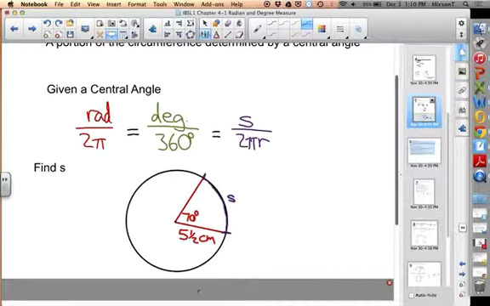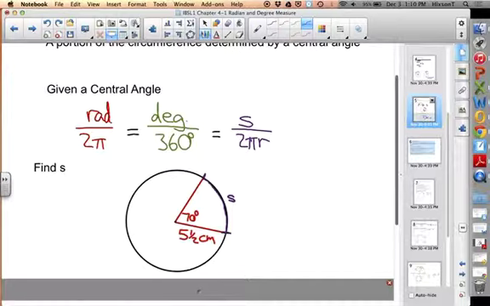I don't want you to just memorize this formula, although you do need to memorize the formula. I want you to understand it, because if you understand it, it's really not a hard formula to remember. What this is saying is that if we find what ratio our central angle is of the complete circle, whether 2 pi or 360, then our arc length is going to have the same ratio to 2 pi r.